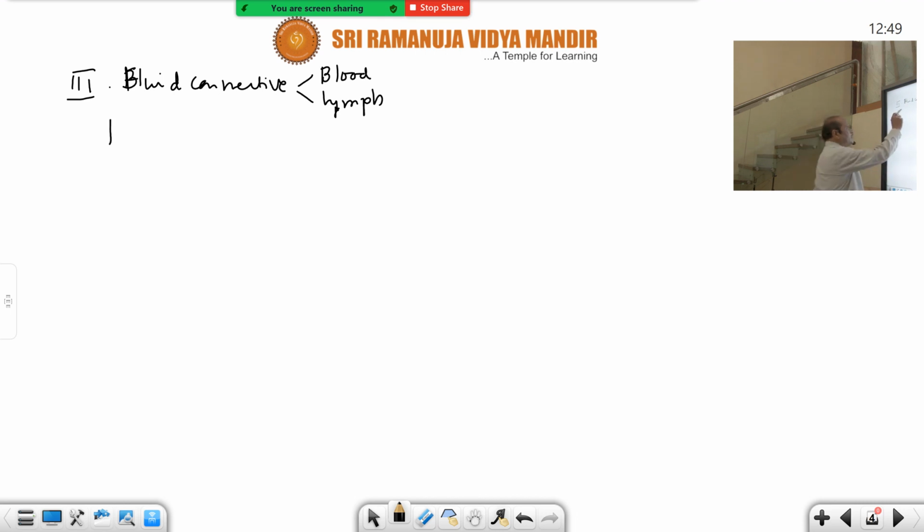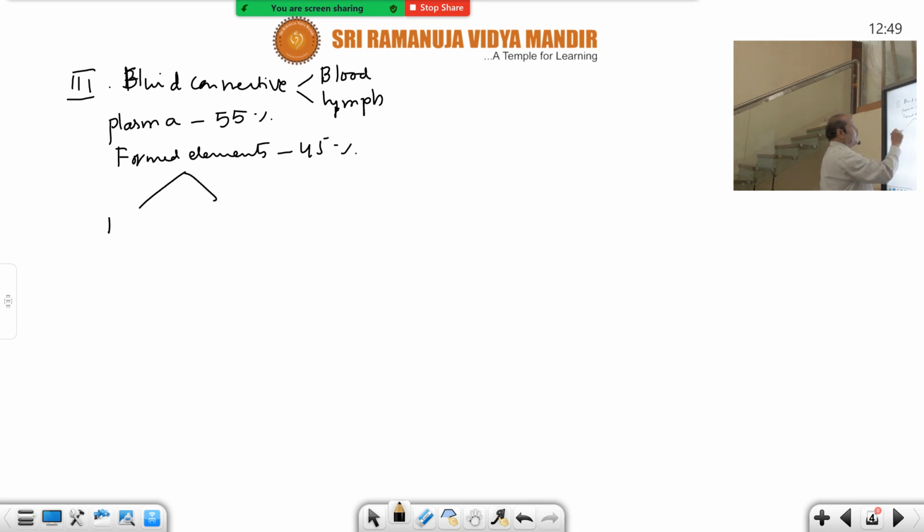Blood contains what? Plasma and formed elements. Plasma is 55% of blood. The remaining 45% is formed elements. Formed elements are RBC, WBC, platelets. These things we have already discussed, with their numerical status, in body fluids and circulation. We will discuss them again in the revision tests and part tests in the body fluids.